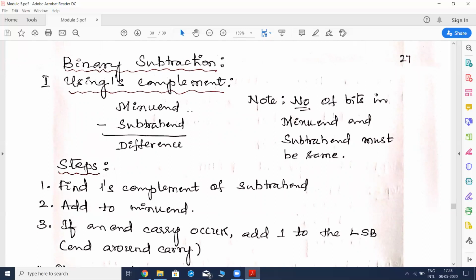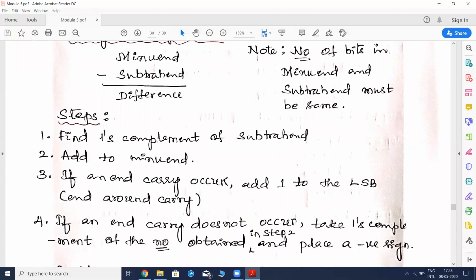The first number is the minuend, the second number is the subtrahend. When you subtract these two numbers, you get the difference. Now let us see the steps to find this difference. Actually we are not doing the subtraction; using complements, we are converting the problem of subtraction into addition.